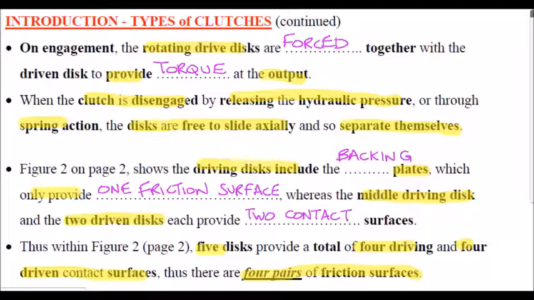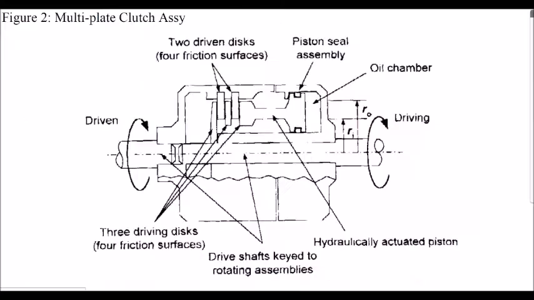I've got a bigger diagram I think here I can show you. So what they're trying to say here, a contact surface here, contact surface here and here, and the contact surface there. Alright, so those are like drive and driven surfaces. So we've got 4 pairs of contact surfaces there.